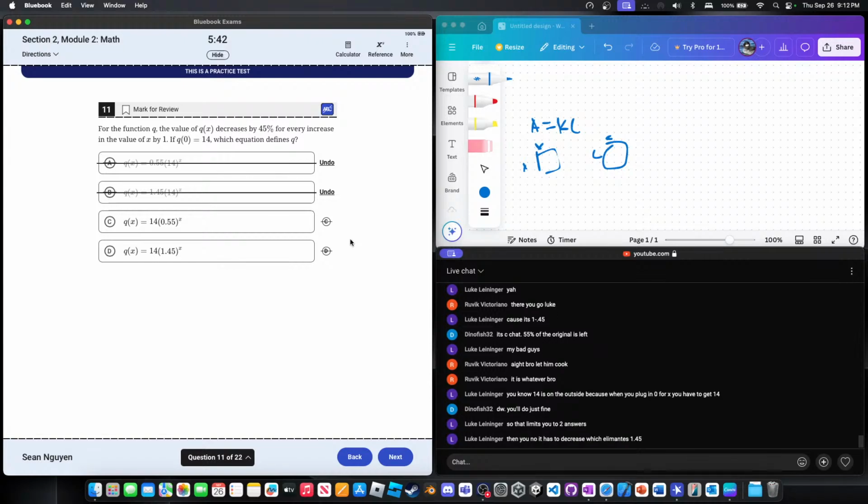Can you explain to me real quick? The value of q of x decreases by 45% for every increase in the value of x.